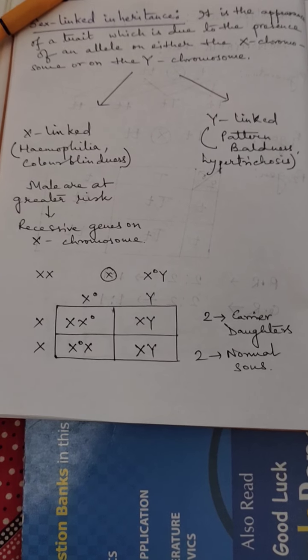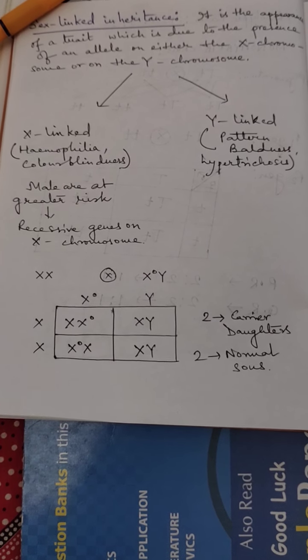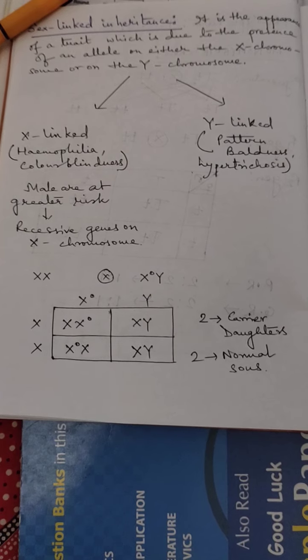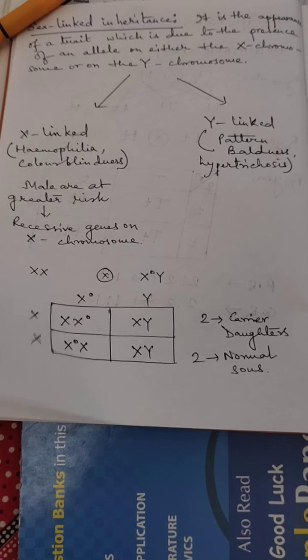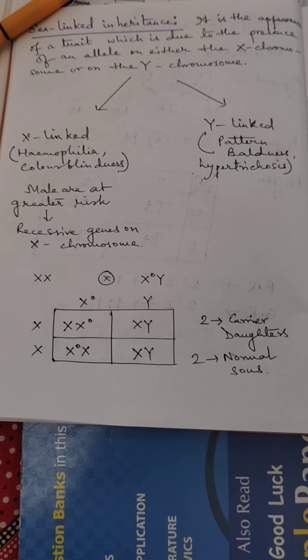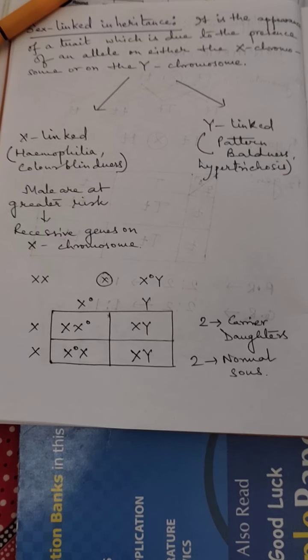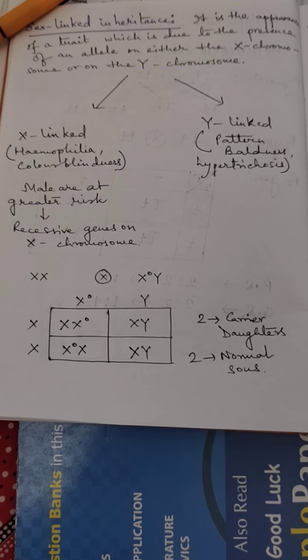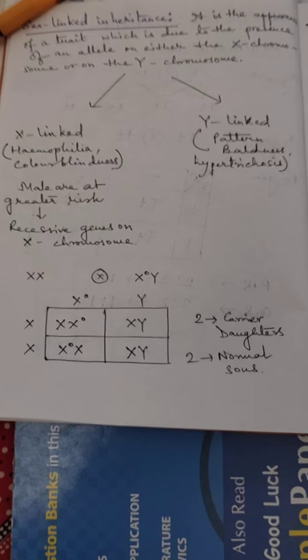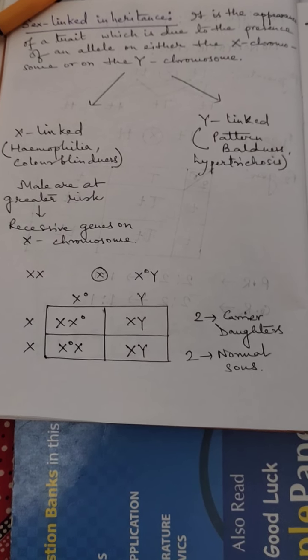So definitely if the females are getting those abnormal genes, they will only be carriers, not the bearers. Okay, so we'll get 2 carrier daughters and 2 normal sons. This is the probability which we are getting.